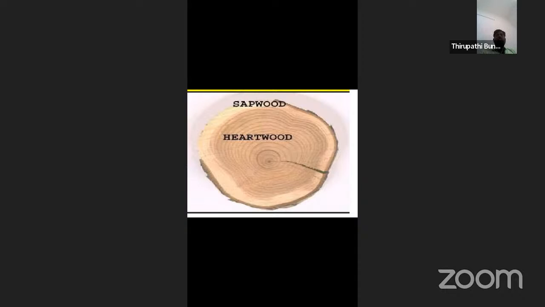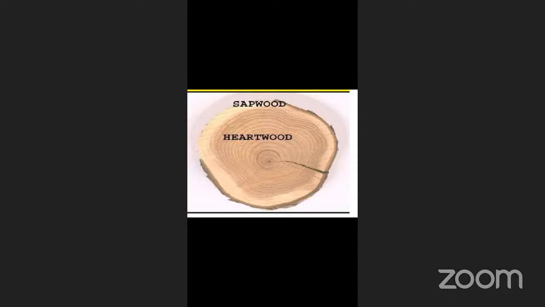Next, heartwood. Heartwood's another name is duramen. Sapwood's another name is alburnum.